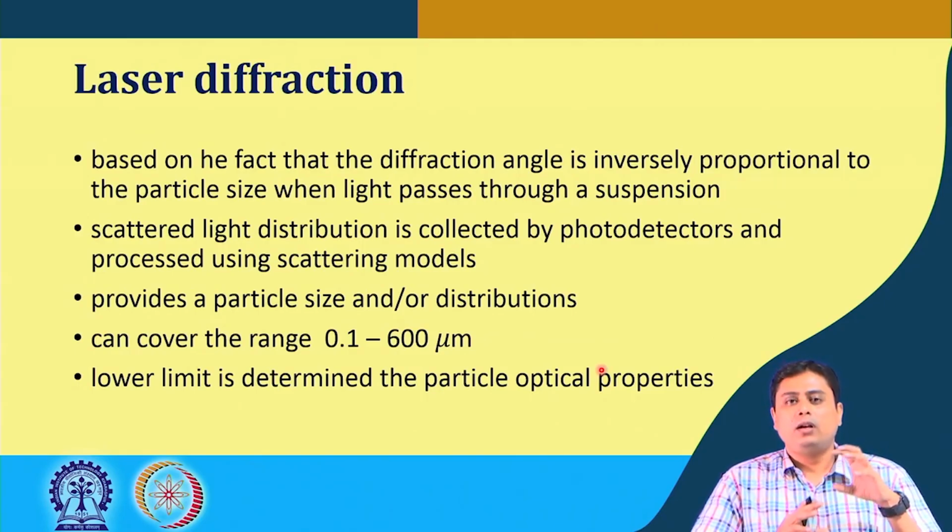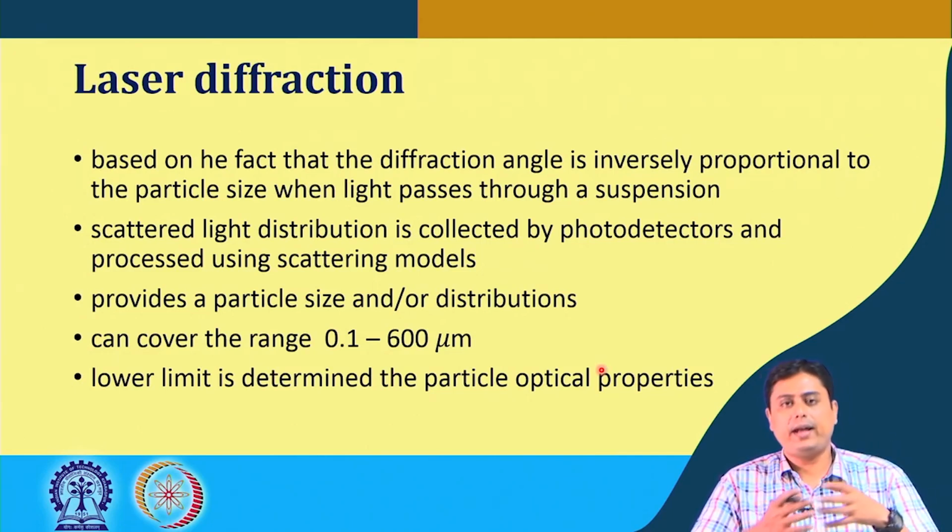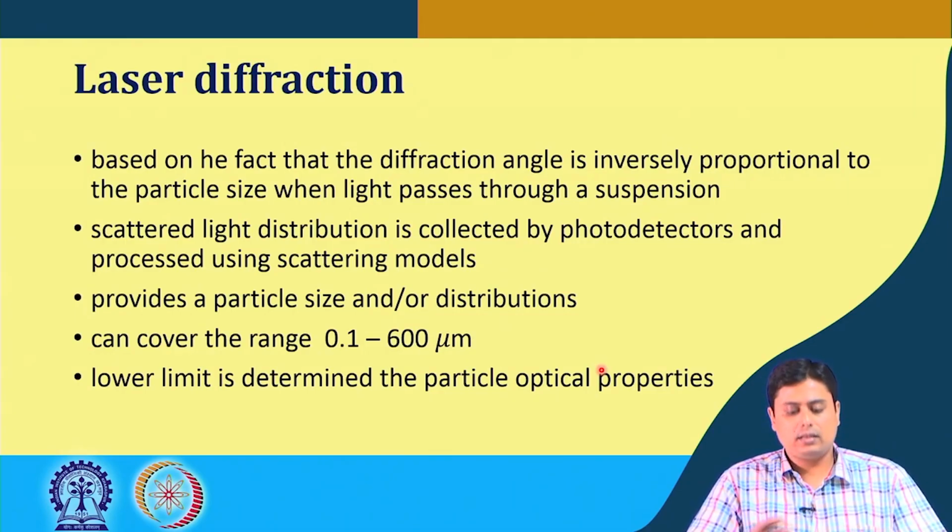All these scattered lights are then collected and you process them in a photodetector, and there are several scattering models available to process those signals. Then it provides the particle size and its distribution.